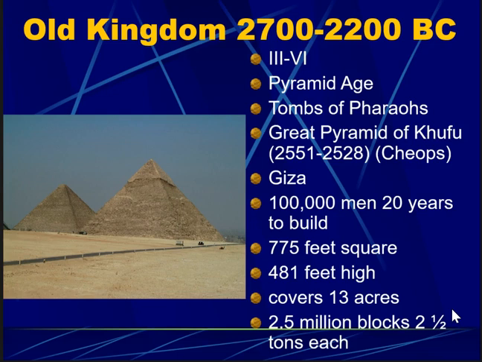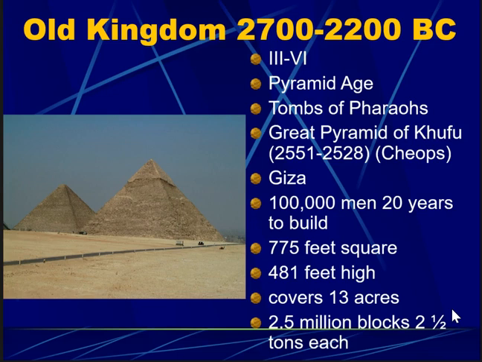If you could pick the pyramid up, which of course you can't, and set it down, you would need at least 13 acres. It covers 13 acres of land. It's 481 feet high. It's lost a few feet. People took the gold thing off the top, and they've taken some of the facing off of it.